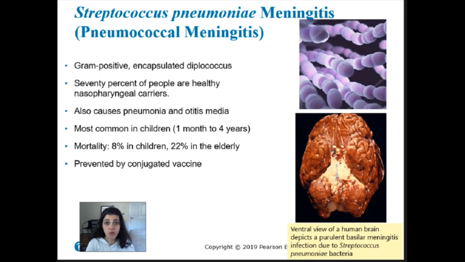Streptococcus pneumoniae meningitis is the one called pneumococcal meningitis. Streptococcus pneumoniae can also cause pneumonia and otitis media, and it's very common in children between 1 month and 4 years.